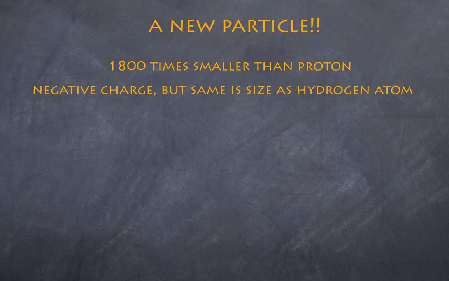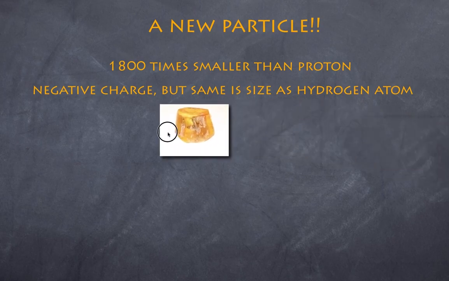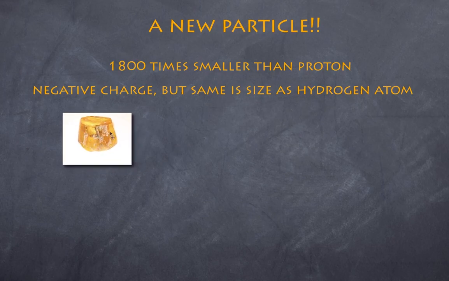And so what JJ Thomson said, well, we have a new particle and I'm going to give it a new name. And the new name is based on the Greek word for amber. As we know, amber is a petrified tree sap. And the name for amber in Greek is electros. And hence we have the electron.